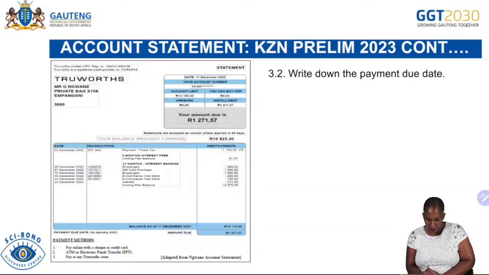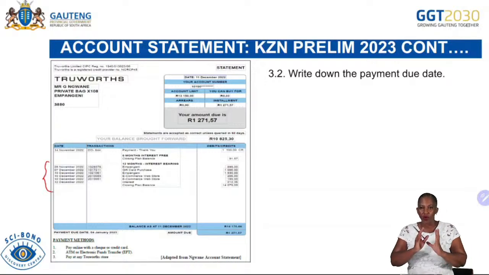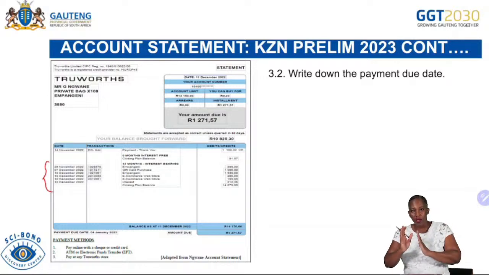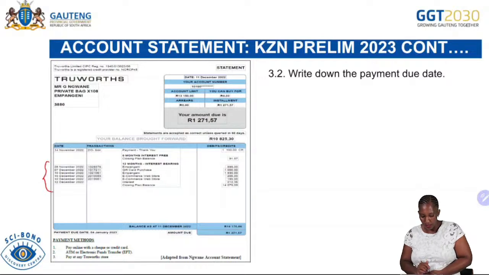Here at the middle now. At the middle is the transaction that took place. What did they do on these dates? These are the dates given. On the 28th, what did they do? They made some purchases, and then on the 7th of December, they also made the purchases. So now with the transaction, they will give you the date and the transaction, what happened in the account, and then on the credits, debits or credits, now it shows the amount that has been used, or the amount that has been paid into the account.